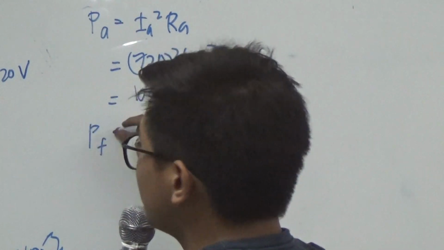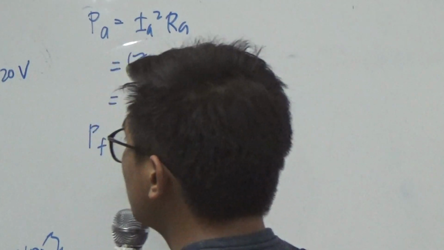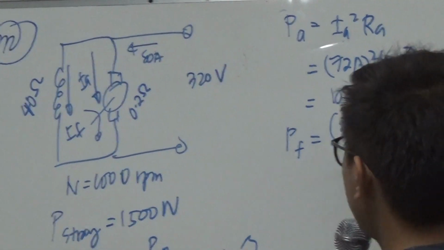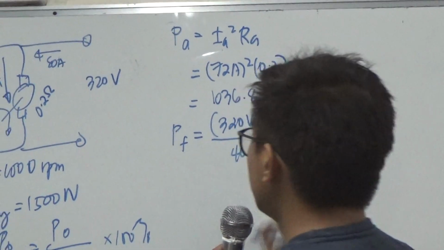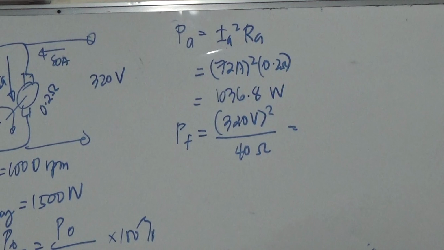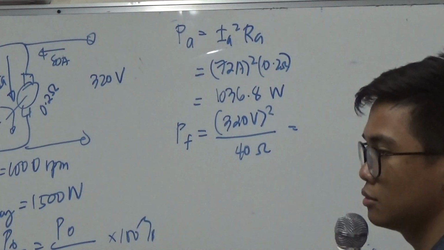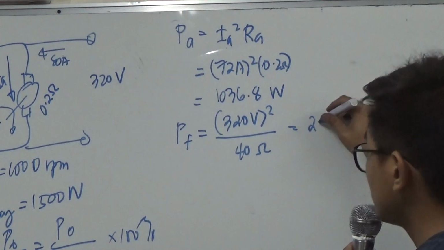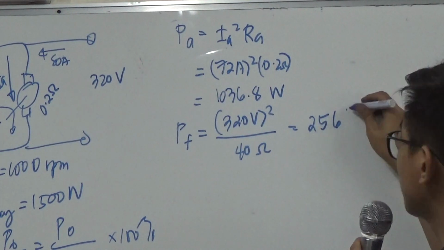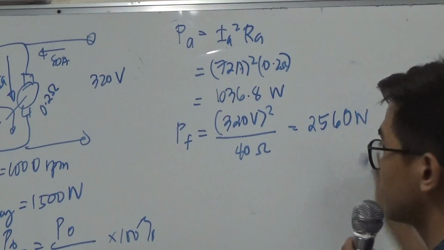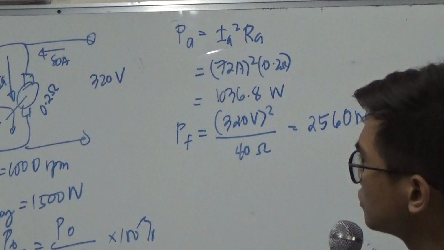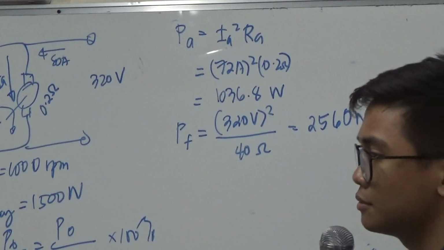Then for the field, power loss in the field is 320 volts squared divided by 40 ohms, or V squared over R. That is 2,560 watts. Wala na, no? Kuha na natin.